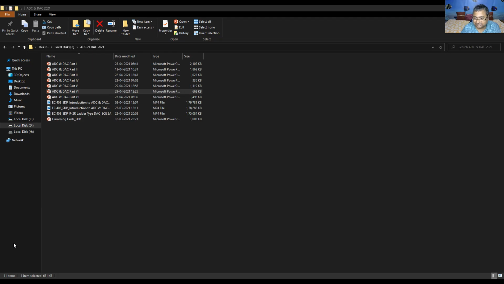So when T is greater than T1, that means 2 to the power of n Tc, what happens? This is minus 1 by RC, integral 0 to T, minus VR dt. So that is minus VR by RC into T plus K. So again, T is equal to 2 to the power of n Tc. We will write this.